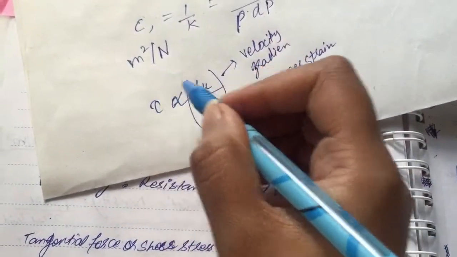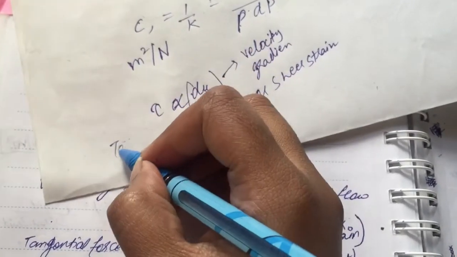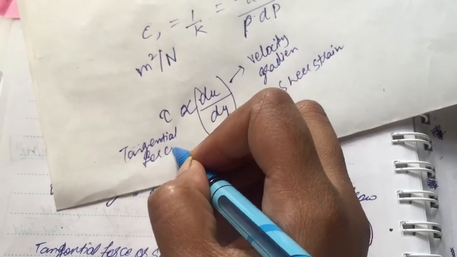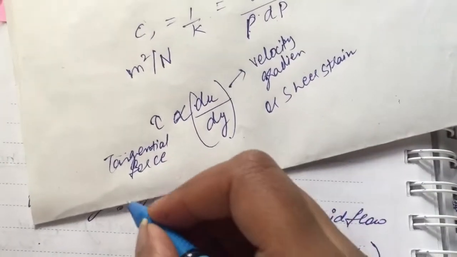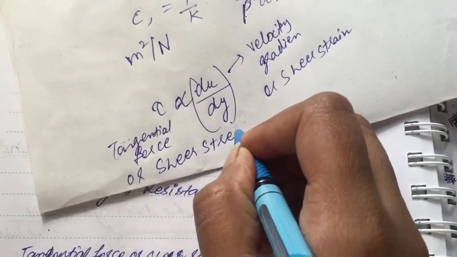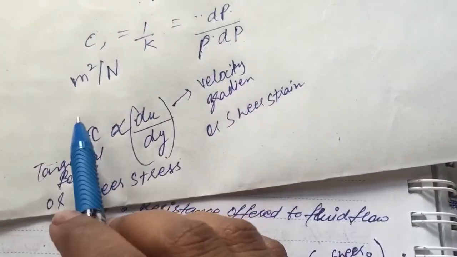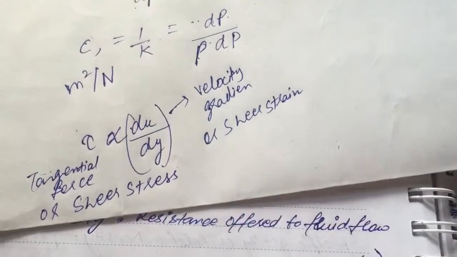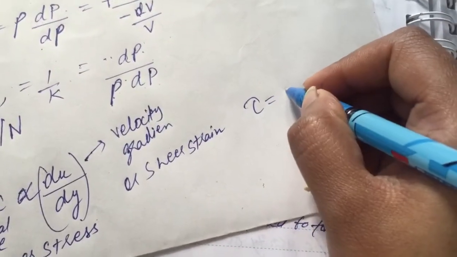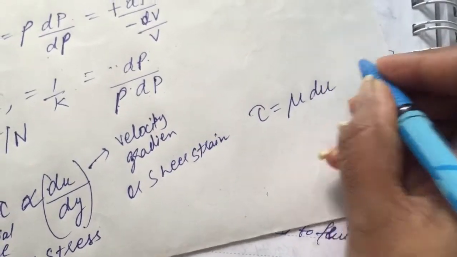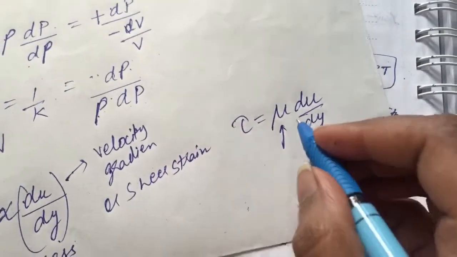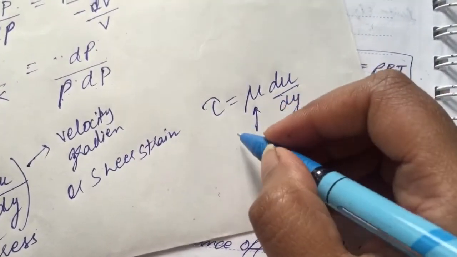And our tau is tangential force or shear stress. So tau is directly proportional to du by dy. So tau is equal to mu du by dy, where mu is absolute viscosity or dynamic viscosity.